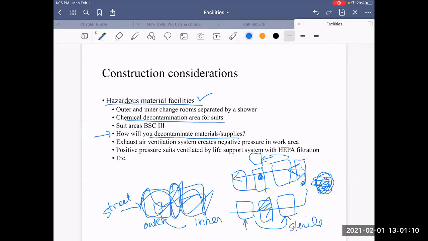We had an opportunity, when they were building, down in Frederick, the Frederick National Labs, and I'll see if I can find pictures of this. They were building a facility that was BSL 3 and 4, and they were doing biomanufacturing.